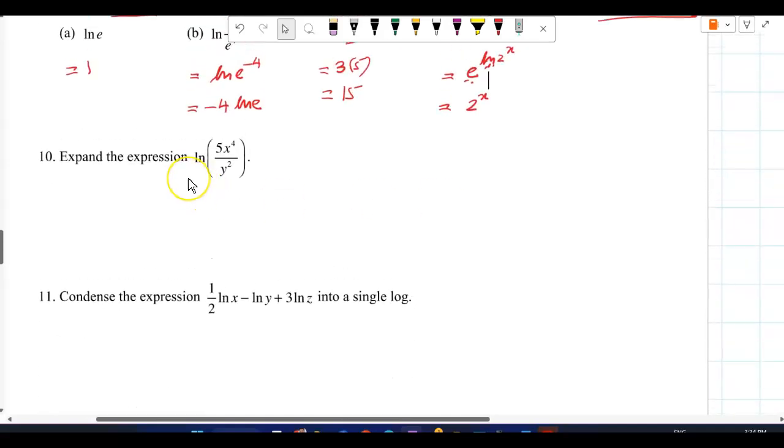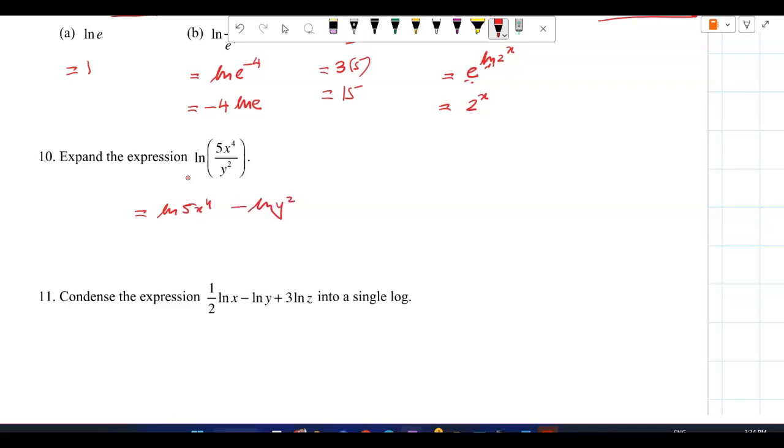Expand. You do 4 times 5x, so ln of 5x raised to 4 over y squared. Then ln 5 plus ln x raised to 4 minus ln y squared. That is ln 5 plus 4 ln x minus 2 ln y.